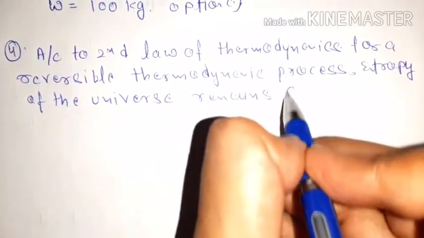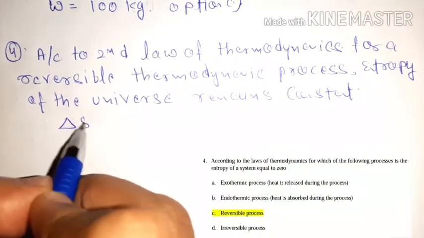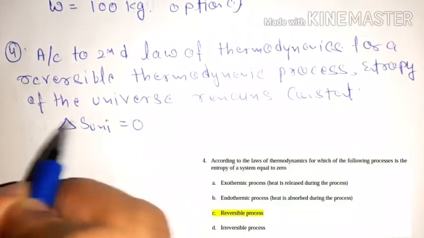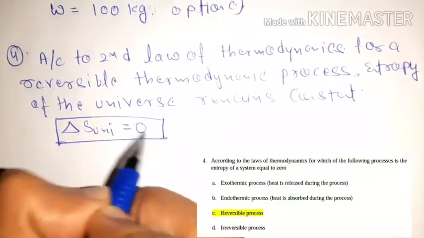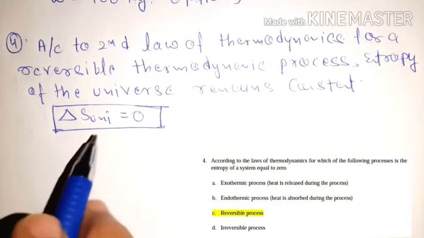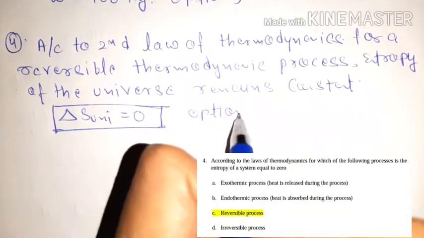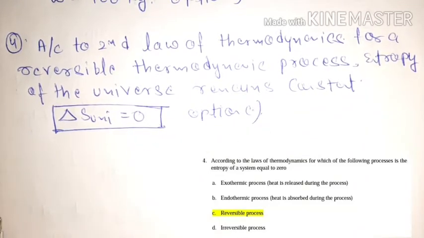This is a statement of the second law of thermodynamics, or we can say that the change in entropy of the universe is equal to 0, which is asked in our question. Okay, so according to this condition, option number C is the correct answer, that is reversible process. Understand?